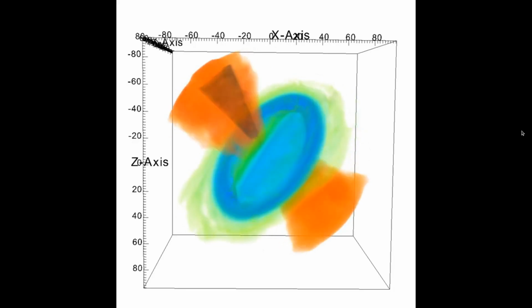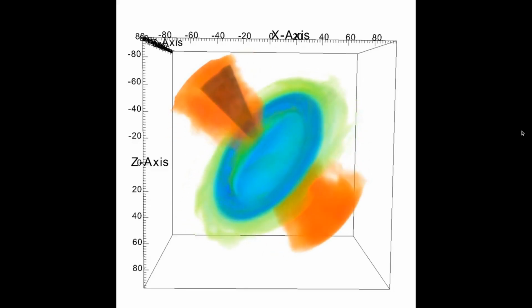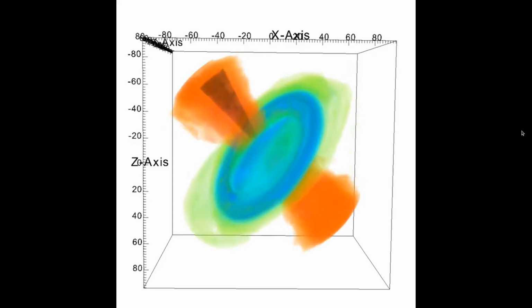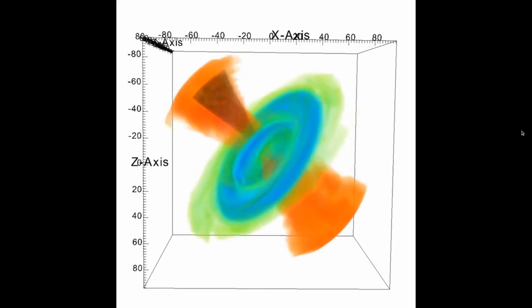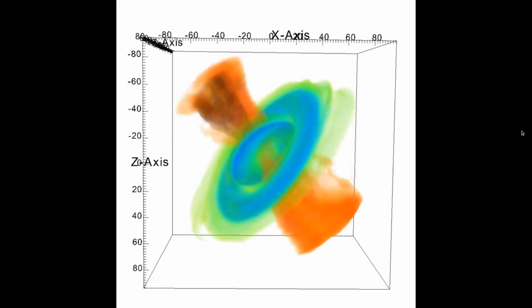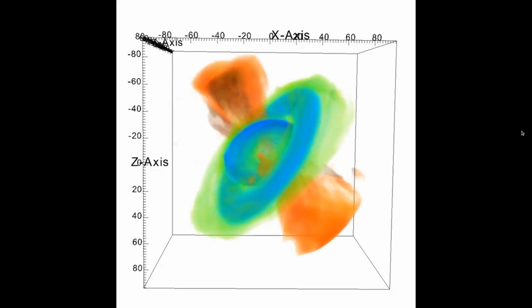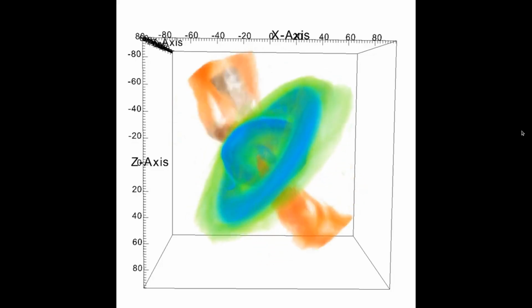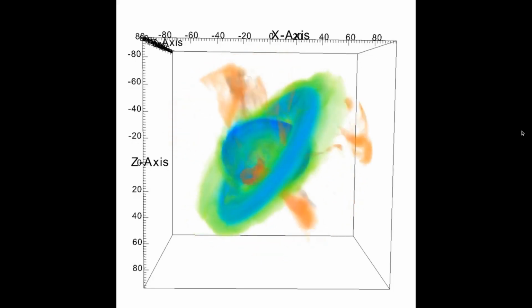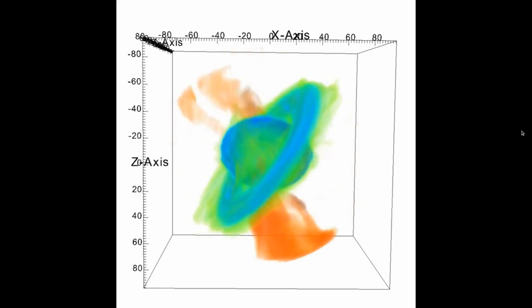There is quite a consensus that the jet will always be launched from the poles of the black hole, but this is not the case here, no. So I could not find the details of this simulation, but I'm showing you anyway, just because I think this one is really cool.